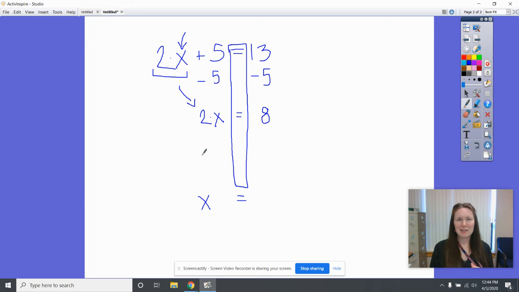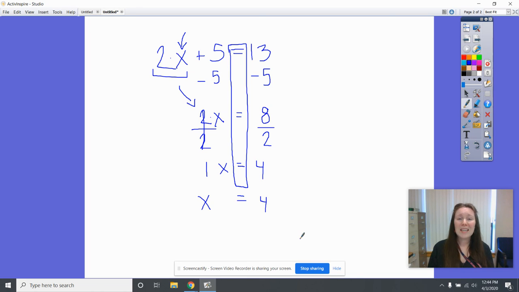Okay, so remember how I said it's like glue, they're stuck together? Well, division is the thing that cuts them apart. So I'm going to divide by 2 to cut apart the 2 and the x. Divide by 2. So remember, 2 divided by 2 is like 1x, but we don't actually have to write the 1. And then 8 divided by 2 is 4, so x equals 4.